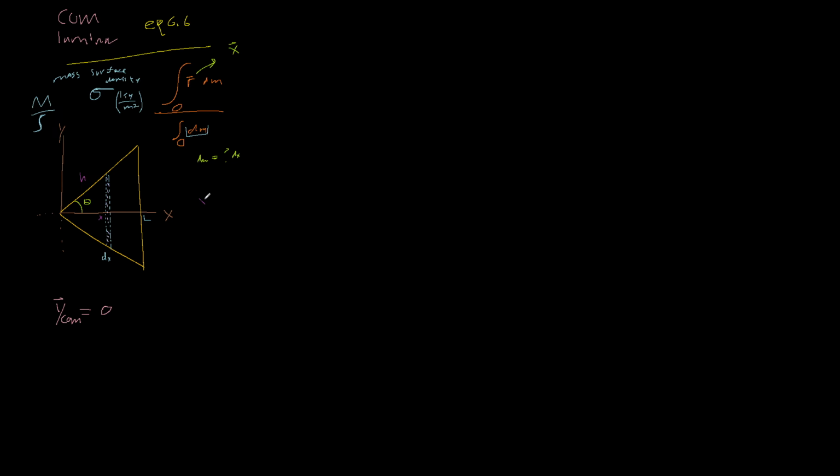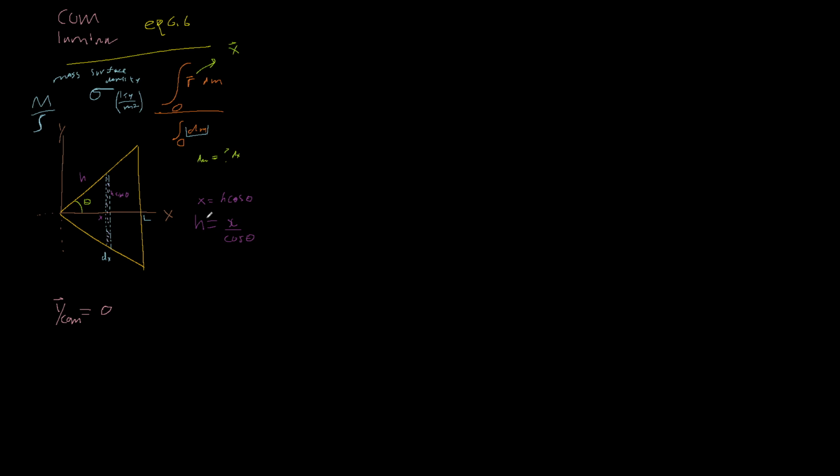You have this identity: purple x is equal to h times cosine theta. Hopefully that shouldn't be too surprising. We can rearrange this to find h equals x over cosine theta. And now this side here in purple is equal to h sine theta.